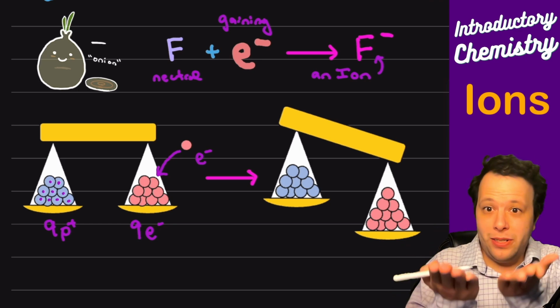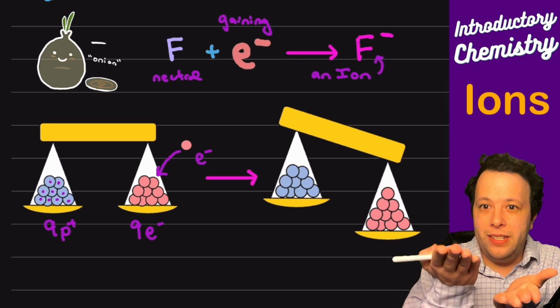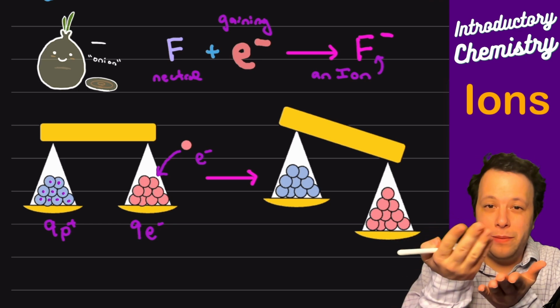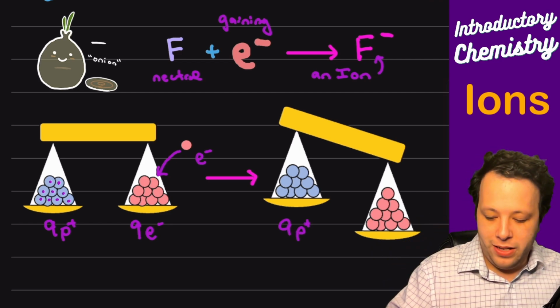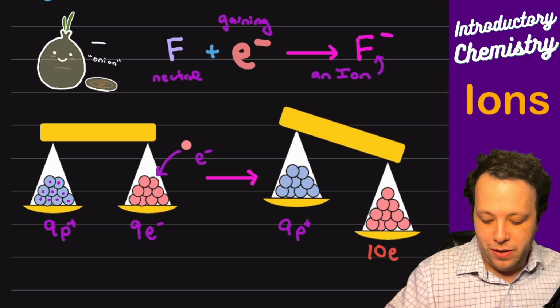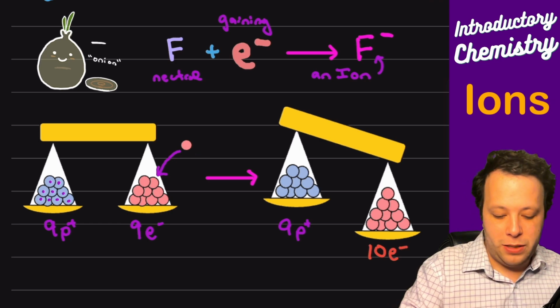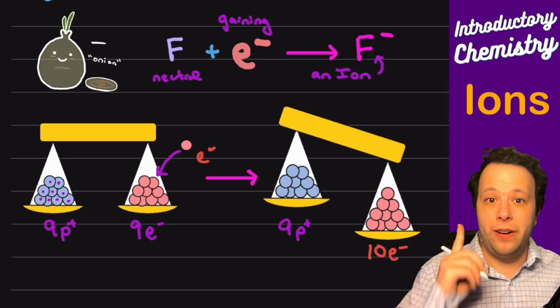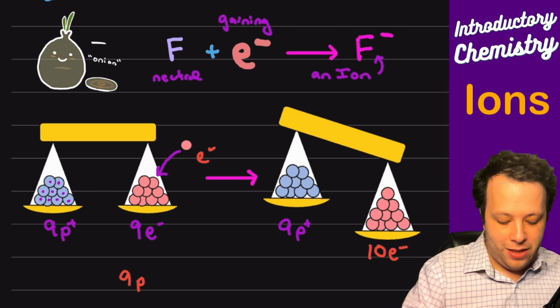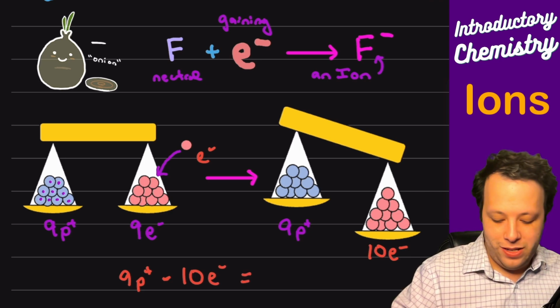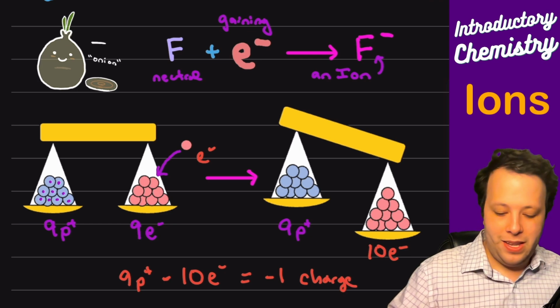The scales are going to be distorted, and the electrons are going to be more as a result. So we'll still have 9 protons, but now we're going to have a total of 10 electrons because we gained that 1 extra. So when we do that simple math, if we have 9 protons minus those 10 electrons, we have a -1 charge as a result.